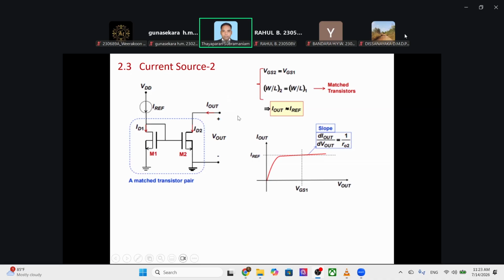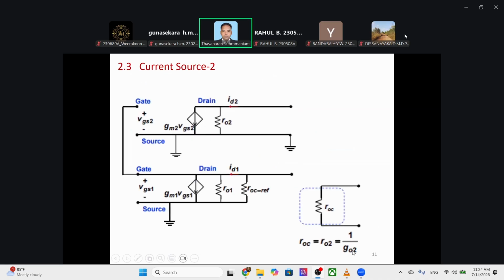But how do we measure the output impedance? We connect the input to ground and apply a small supply voltage here and measure the current. When we connect the input side to ground, VGS goes to 0, and therefore we can say the output impedance is R out 2.